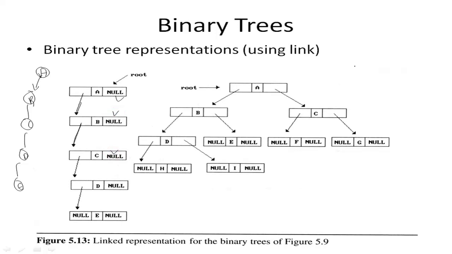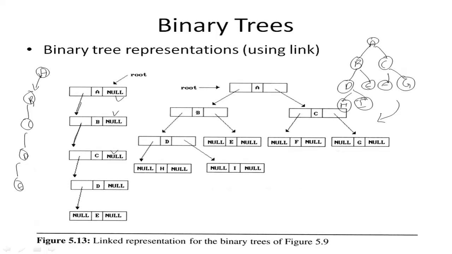On the other hand, we had another tree which looked something like this. There was a node A here, B, C, a node D here, E, F, G, and here we had H and I. If I have to represent this by nodes, it is going to look something like this. There will be a root node which is A. It has a left subtree and a right subtree.